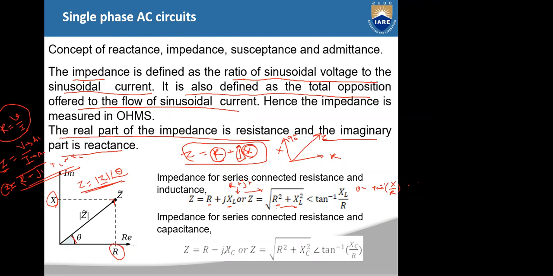And for capacitance, we will take minus jX. Means we will get R here, jX here, minus jX, right? And here we will get the Z. This is minus j representation of Z.